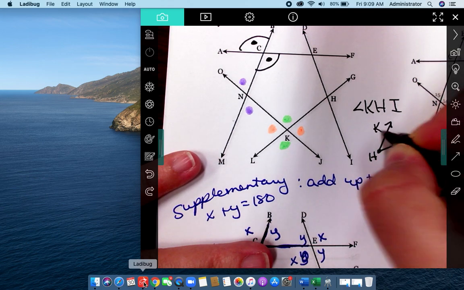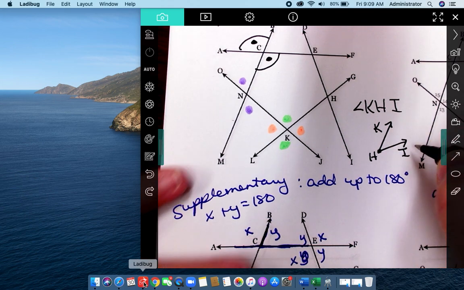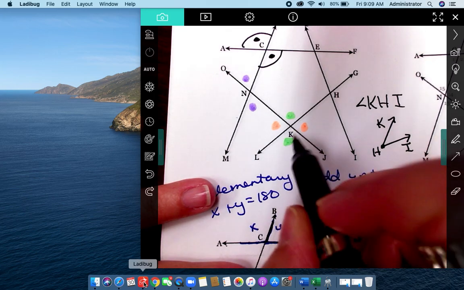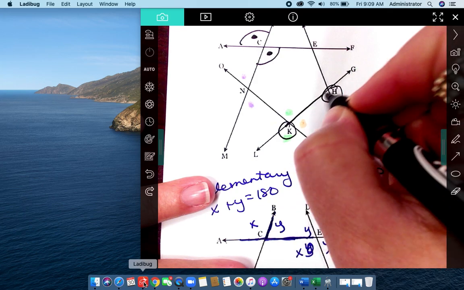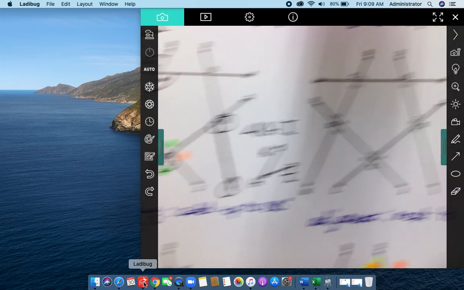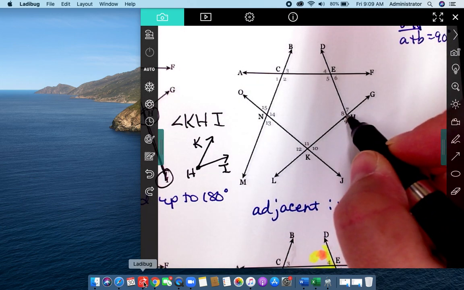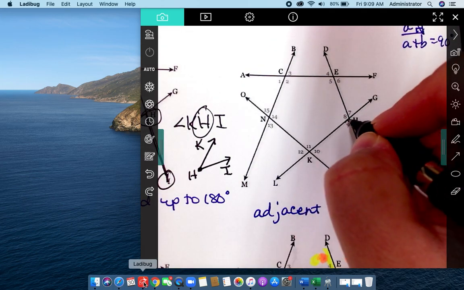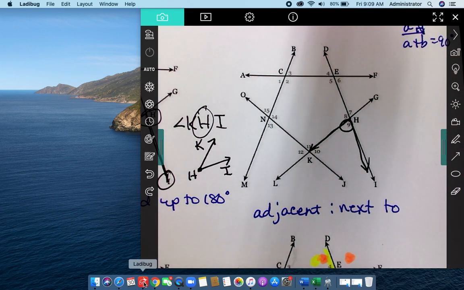Okay, that's H, and they might label that K and I. So H is at the vertex of these two sides. So KHI is, look for the letter K right here. So this is K, H, and I. So angle KHI is right here. Well, if we consider that over here, and it says what number represents angle KHI, H being the vertex, is going to be this angle here. So that would be represented by angle 9.